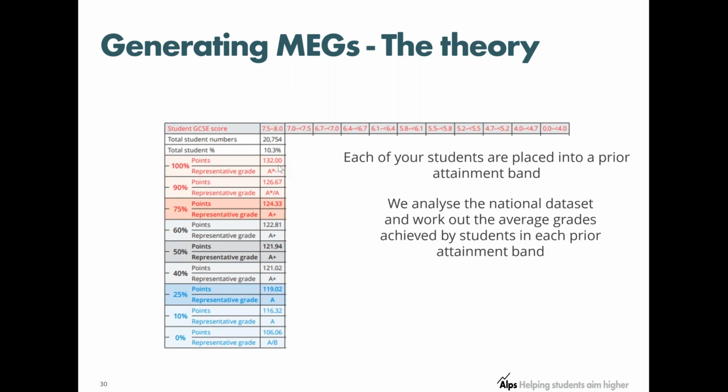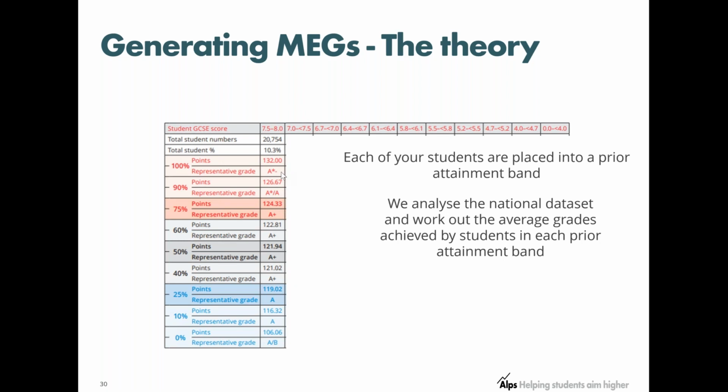That's equivalent to A star minus, so on average A star, A star, A star, A star, A star, A with their students. The provider at the 90% line got 126, and the lowest provider, the one that did the least well with that prior attainment band of student, got 106. That's an A stroke B.